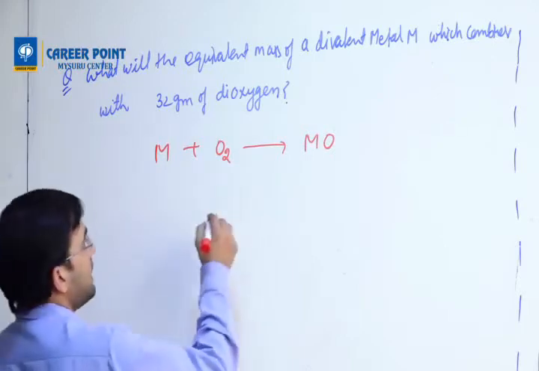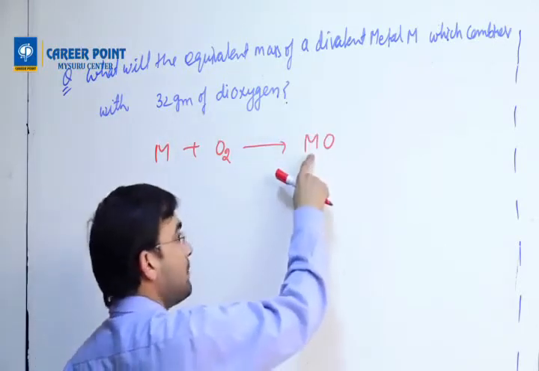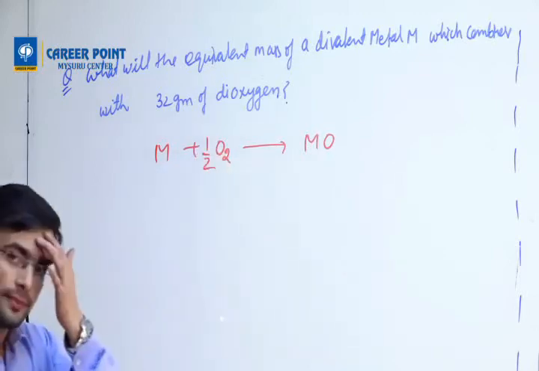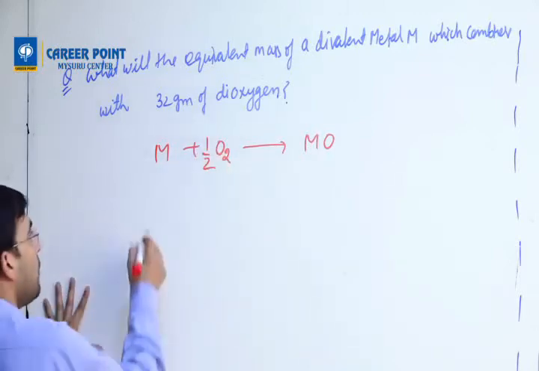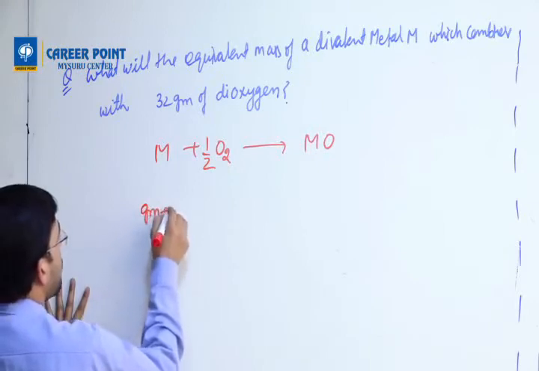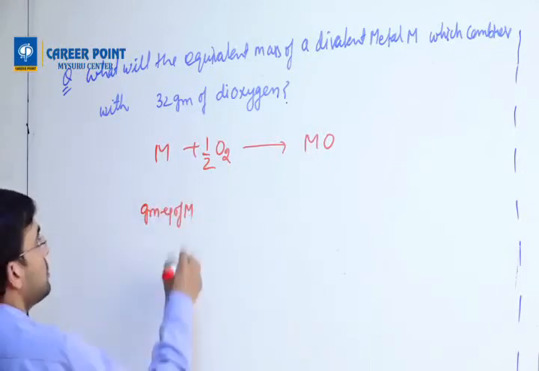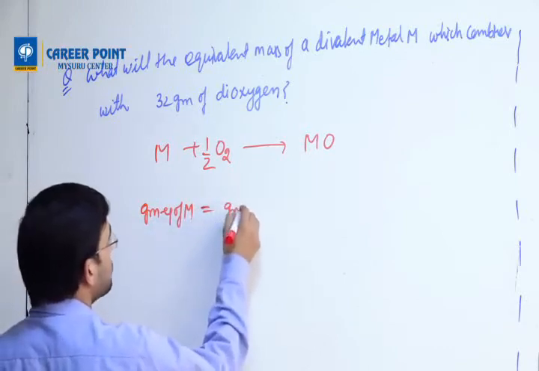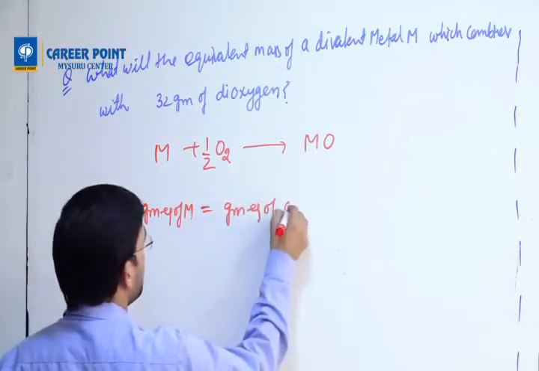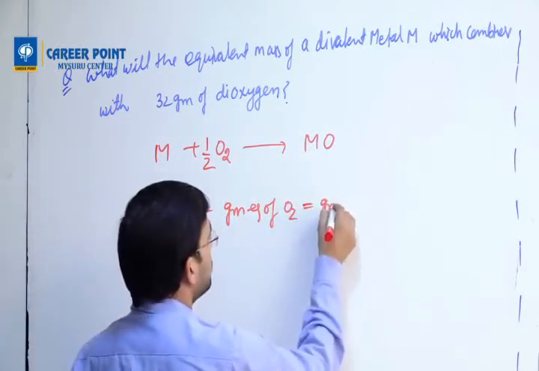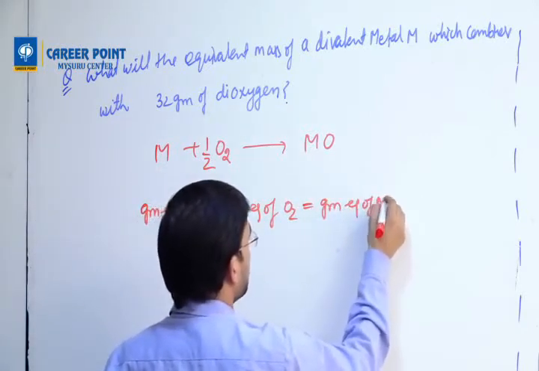If it forms MO, M2 plus is there, oxygen 2 minus is there, so we write half O2. Then now what I write is gram equivalent of M equals gram equivalent of O2, also equals gram equivalent of MO.